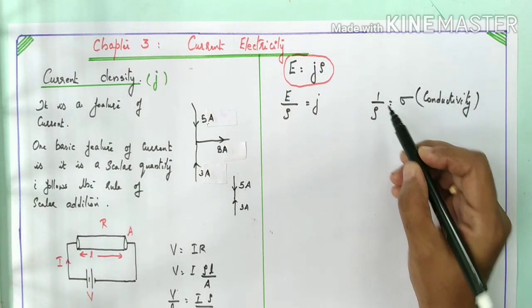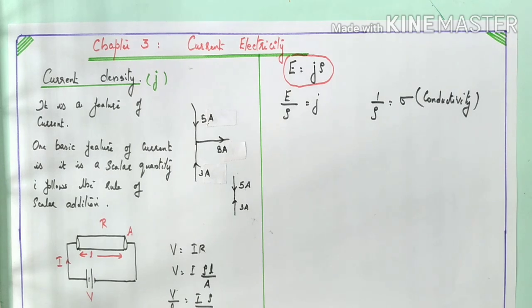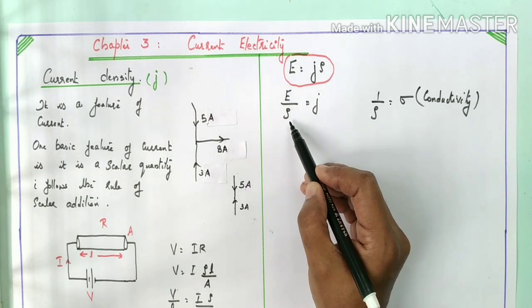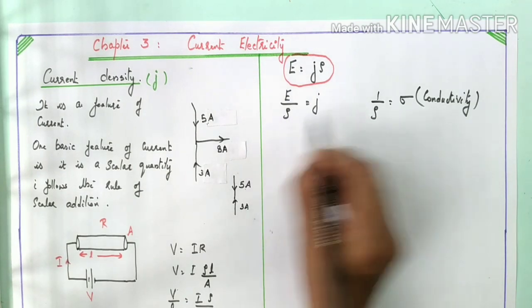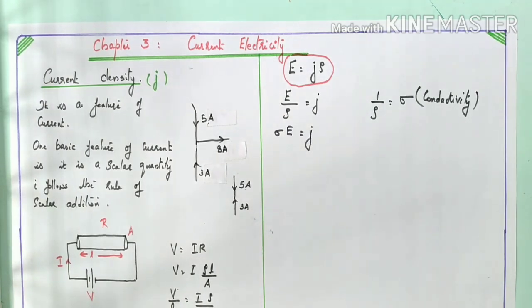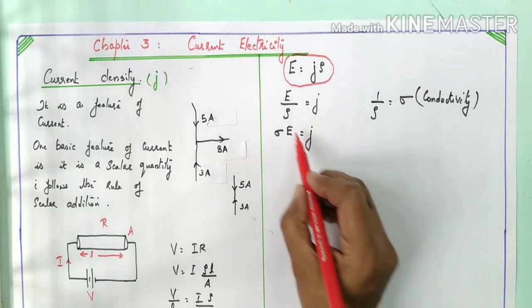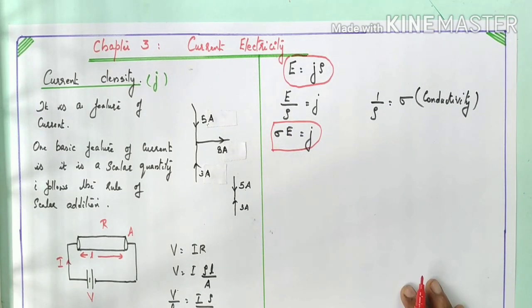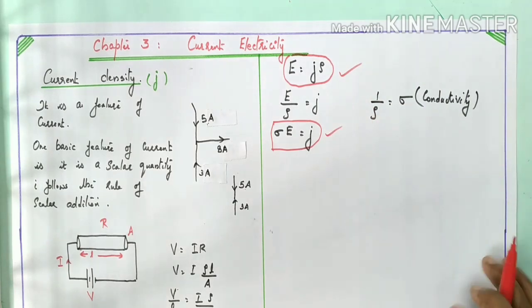So E into 1 by rho, where 1 by rho is sigma, is sigma E equal to J. This is the relation of current density with conductivity: J is equal to sigma E. So these are the two important relations.